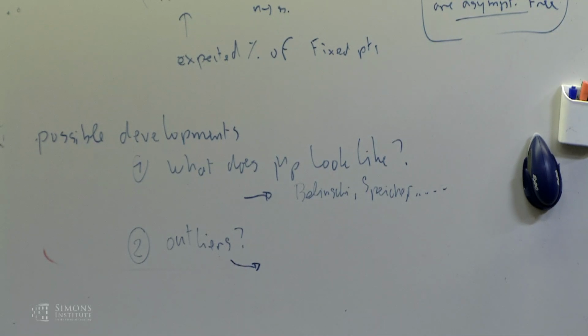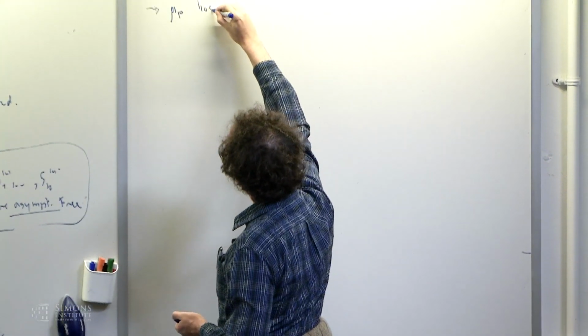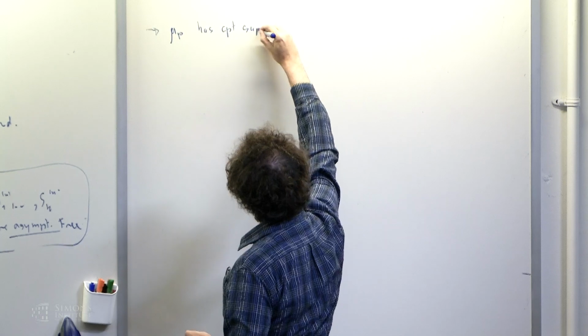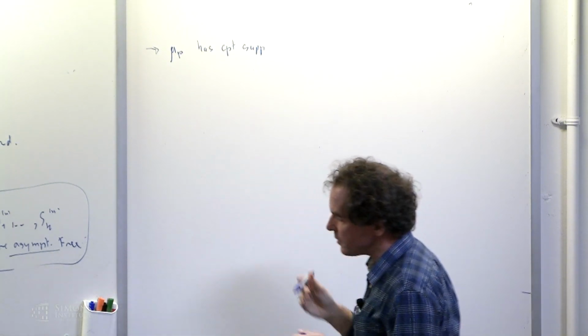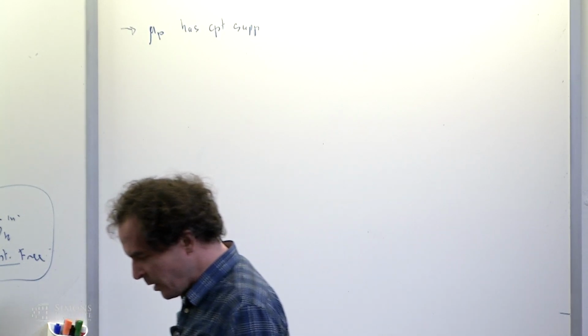So here, what do I mean? The thing that we know for sure is that mu p has compact support. Everything is bounded, so we're adding bounded things.